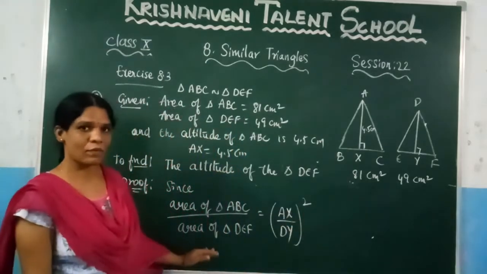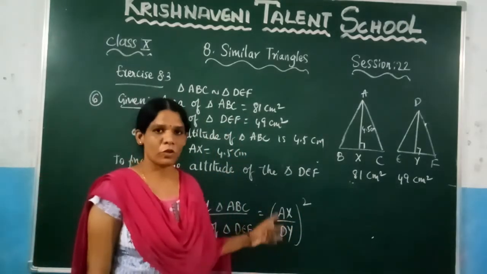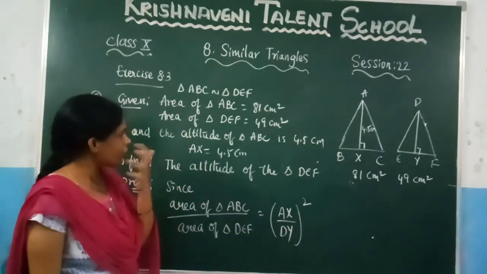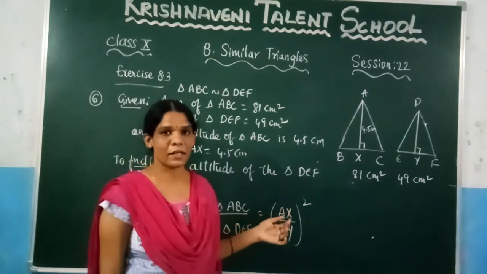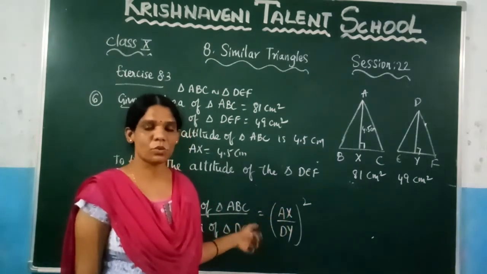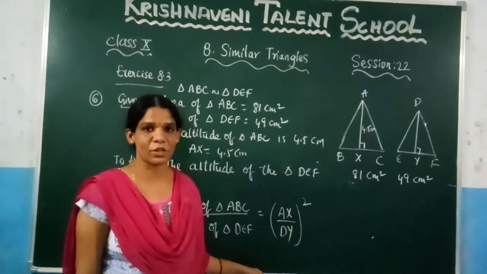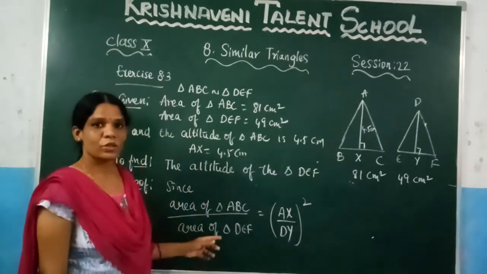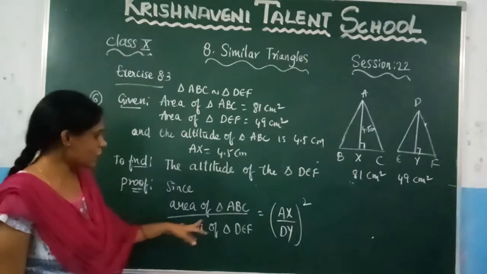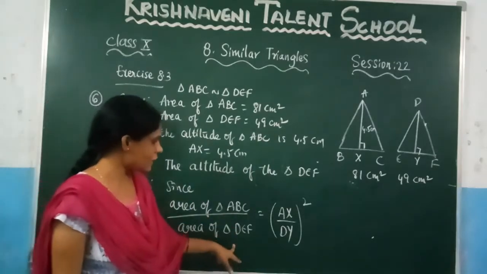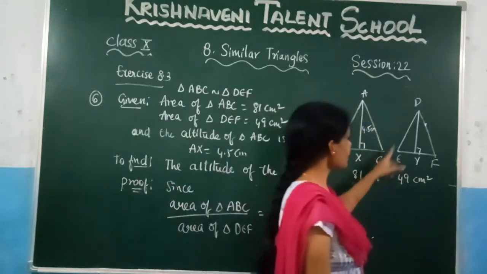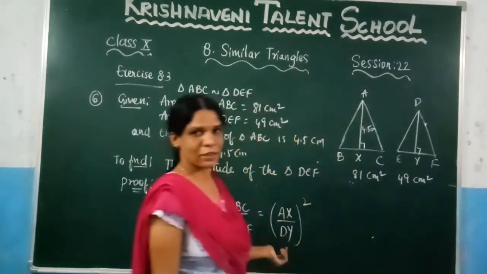This condition we have already proved in the previous problems, you can see it there. So here we can conclude that if two triangles are similar, the ratio of the areas of the two similar triangles is always equal to the square of the ratio of their altitudes. From that you can write, area of triangle ABC by area of triangle DEF is equal to AX by DY whole square.